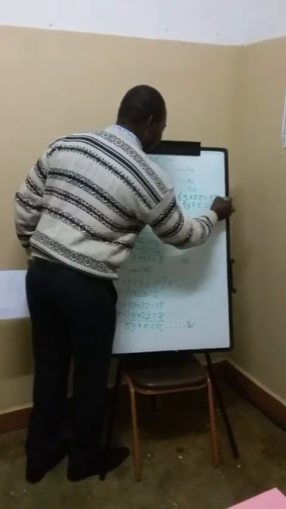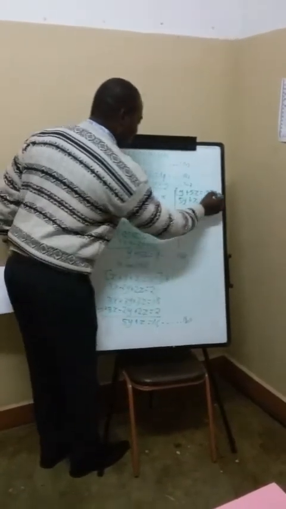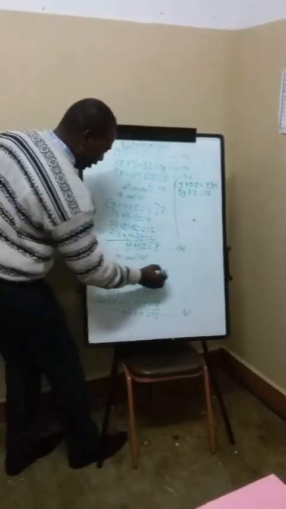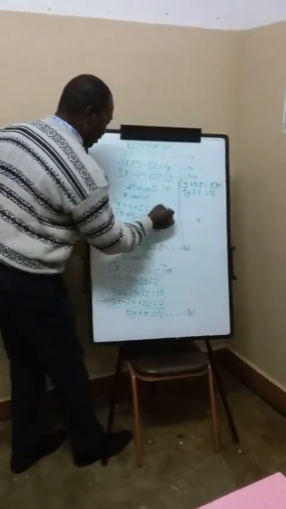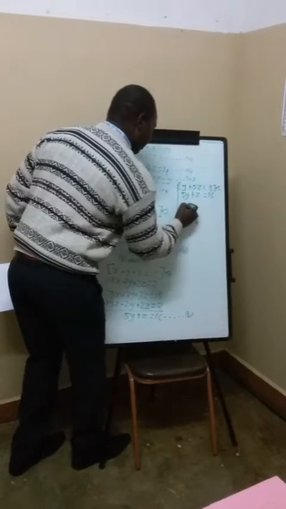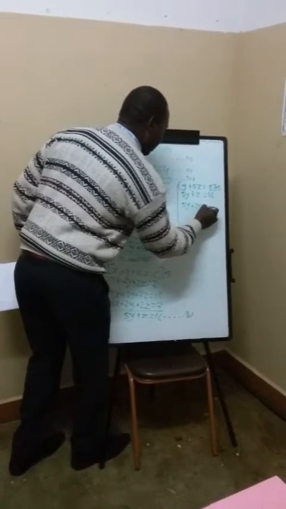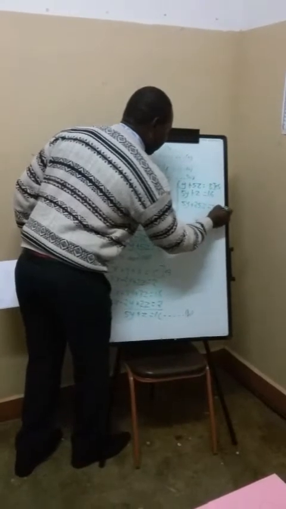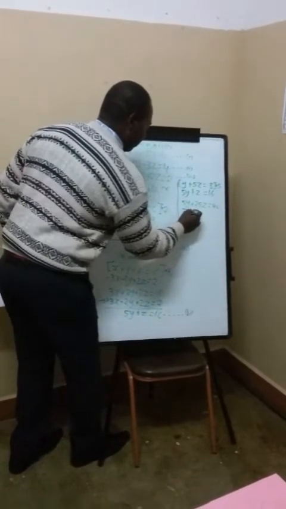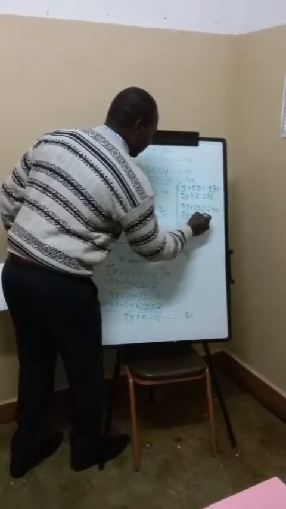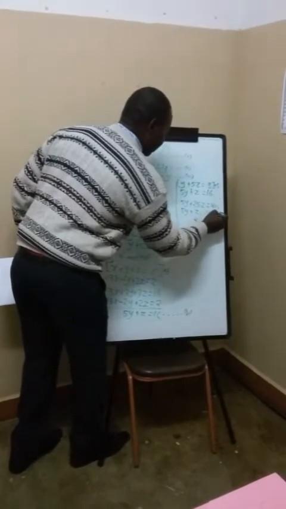So we shall multiply the whole equation by 5, just like we multiplied here. So we have 5y plus 25z is equal to 40. Then we have 5y plus z is equal to 16.